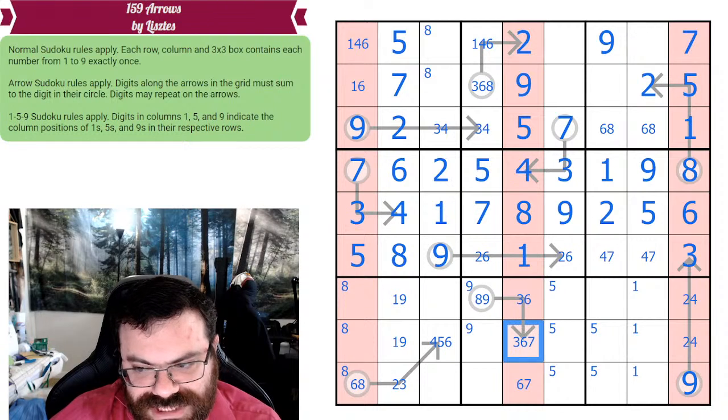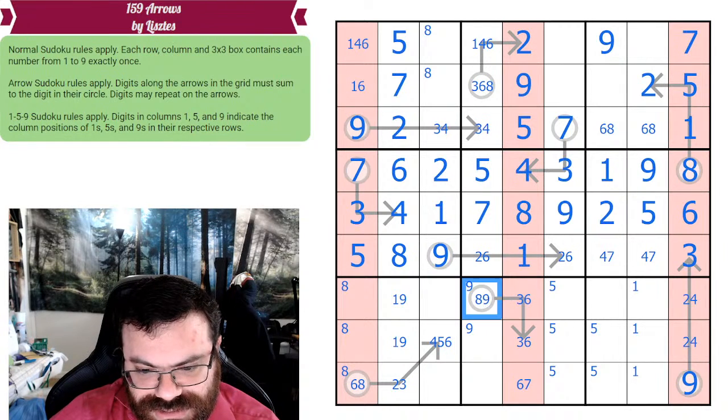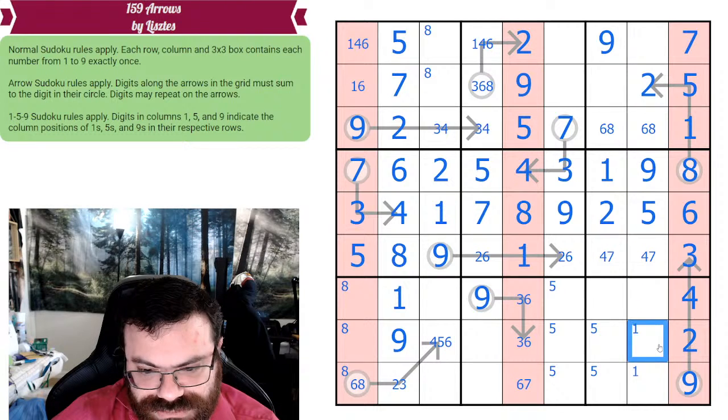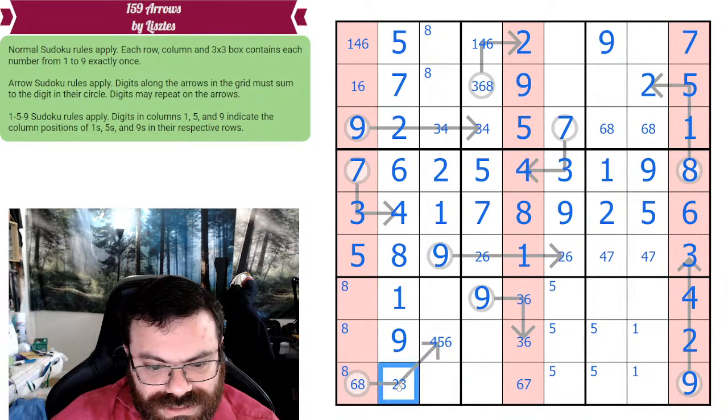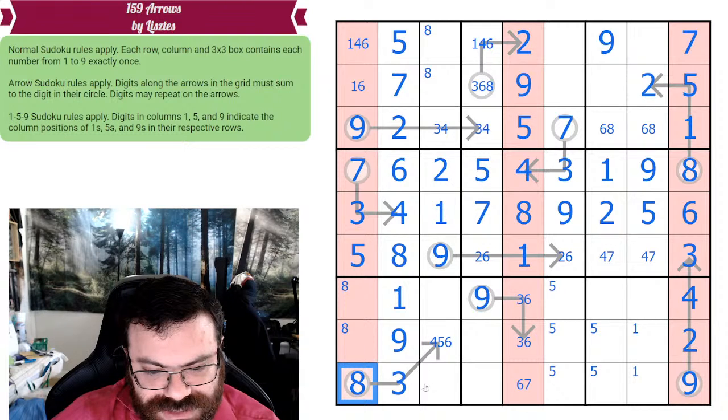So this can't be 7 anymore. This has to be 3, 6, 9. That puts a 4 here, a 2 here. That's the 9 and the 1. That's not a 1. This 2 resolves the 3 here. So this can't be a 6 anymore. It has to be 8.